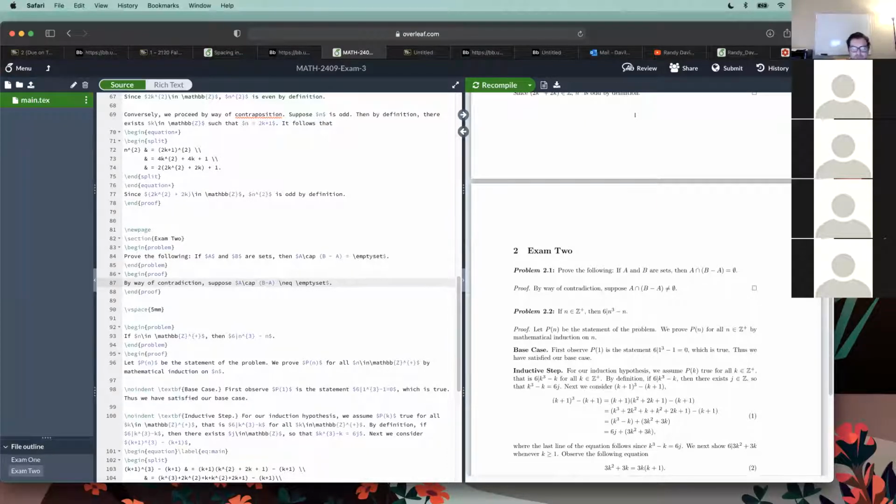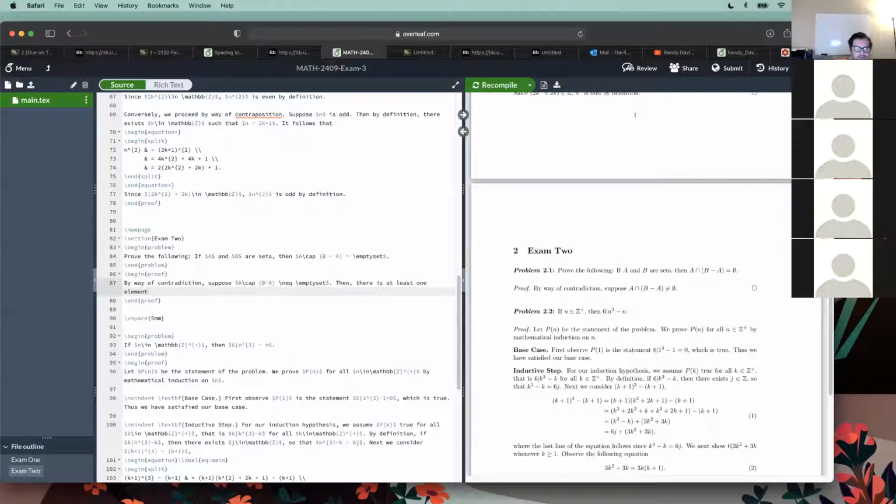All right, so then by definition, there has to exist an element in there, right? So then there is at least one element x in A intersect B minus A.